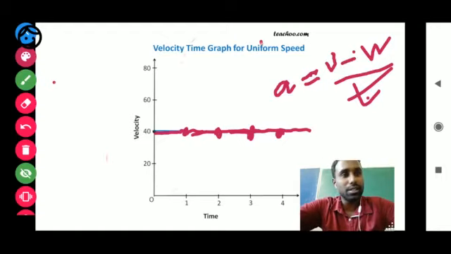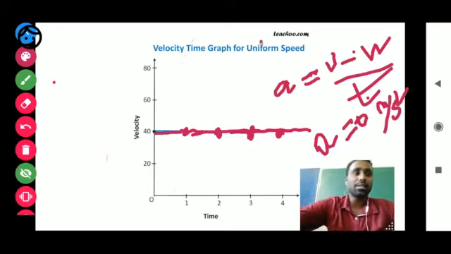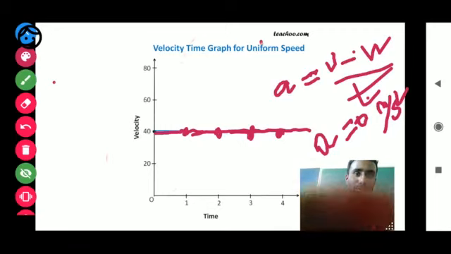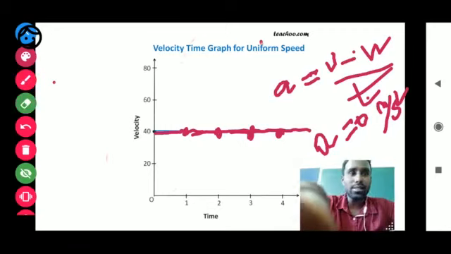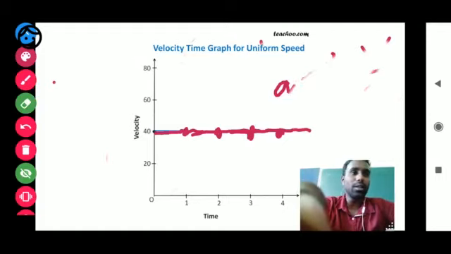So acceleration in this case is 0 meter per second square. So acceleration here is 0. Can you understand? If you are going at constant speed, acceleration is 0.